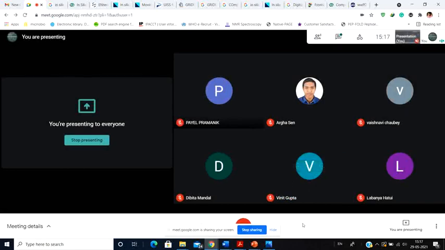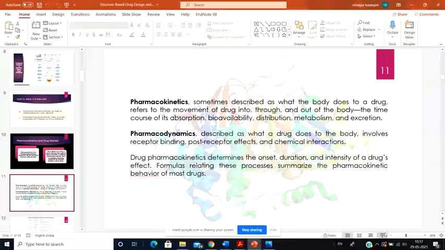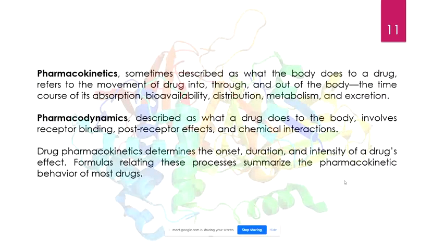But how long do you think the effect of paracetamol lasts in your body? 3 to 4 hours, absolutely. And why is that? Because after a certain time, the paracetamol gets digested, or to be more precise, it gets metabolized.